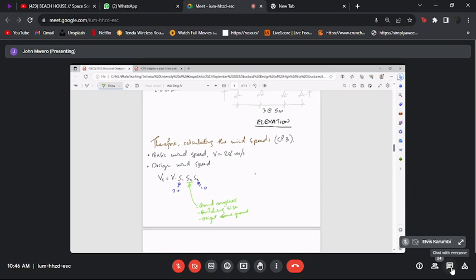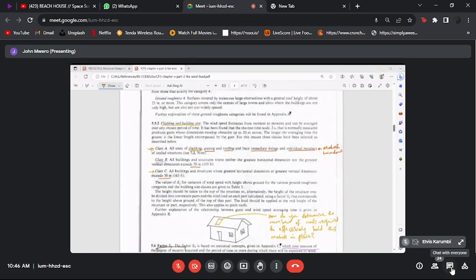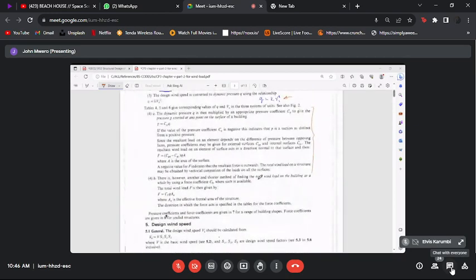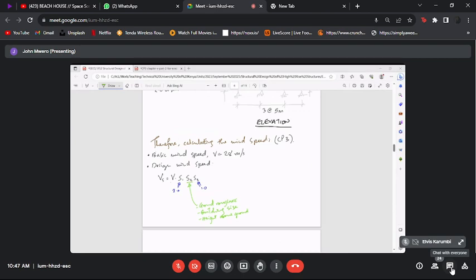From this standard that we were referring to, once we have the design wind speed Vs, we can calculate the dynamic pressure of the wind using this equation.